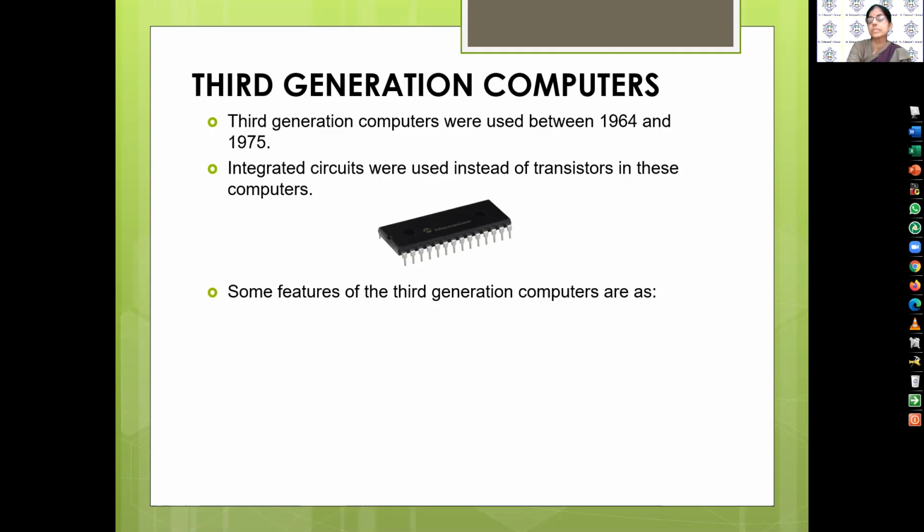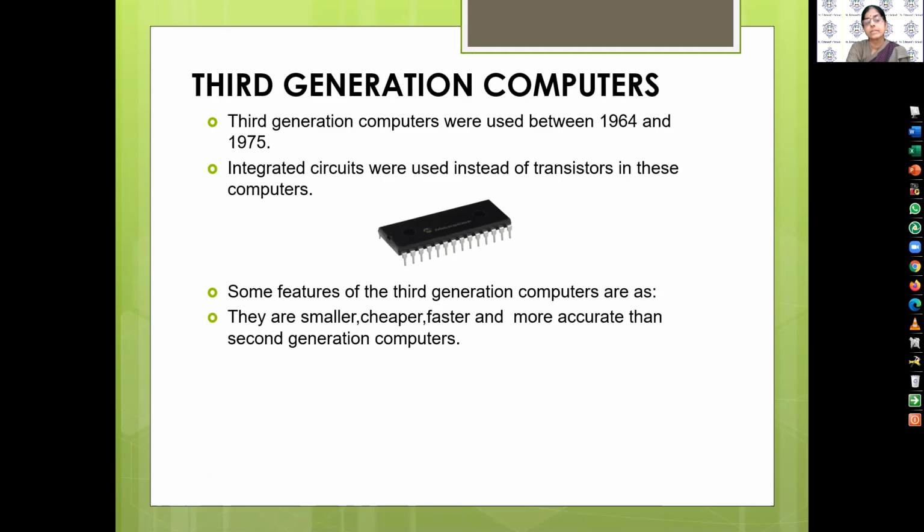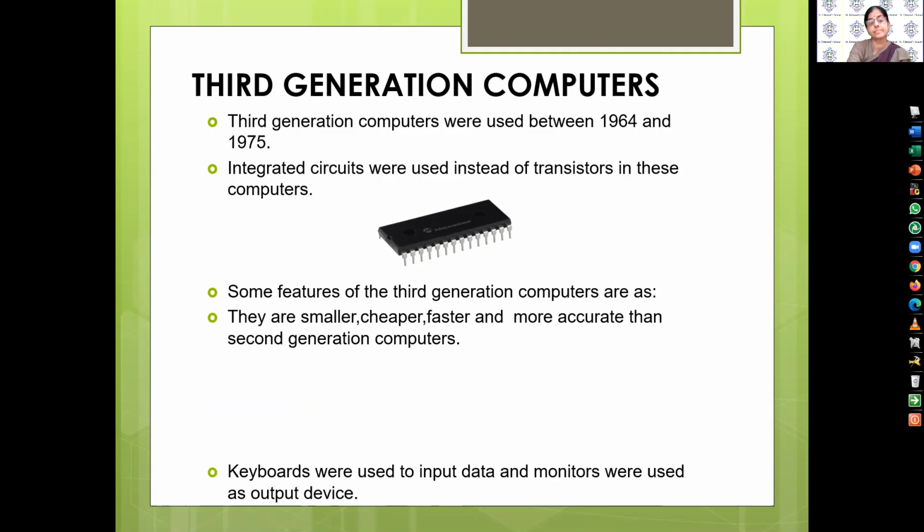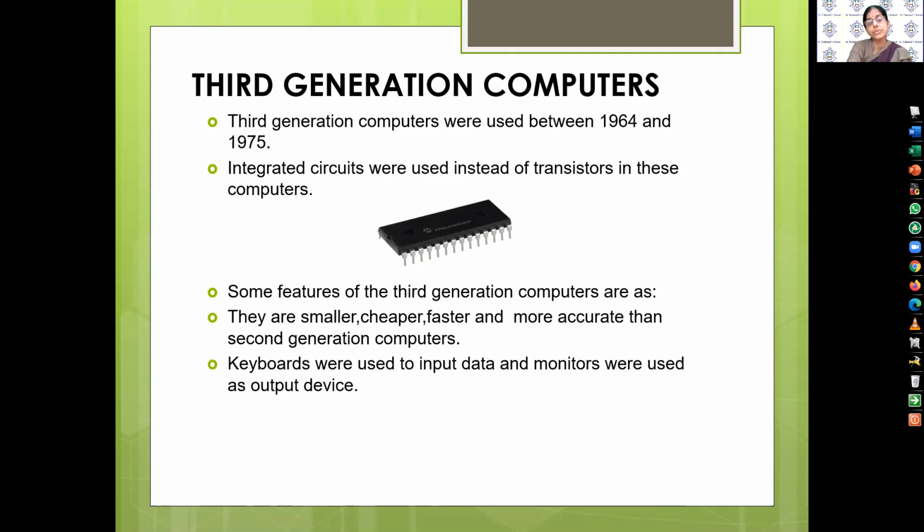Some features of the third generation computers are that they are smaller, cheaper, faster and more accurate than second generation computers. Keyboards were used to input data and monitors were used as output devices. So children, you know, keyboard is an input device and monitor is an output device.